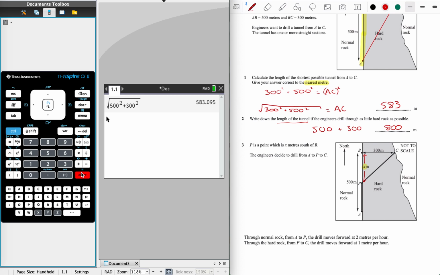The engineers decide to drill from A to P to C. So the route they're taking is from A to P to C. Through normal rock from A to P. Okay, so just clarifying, it looks like it's on the edge of the hard rock. That is normal rock. The drill moves forward at 2 meters per hour. Through the hard rock from P to C, the drill moves forward at 1 meter per hour.